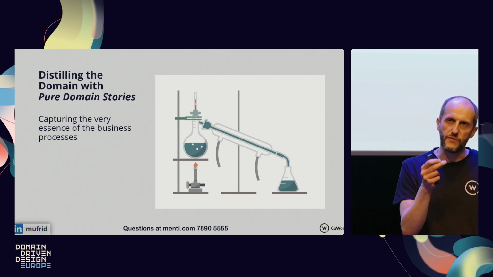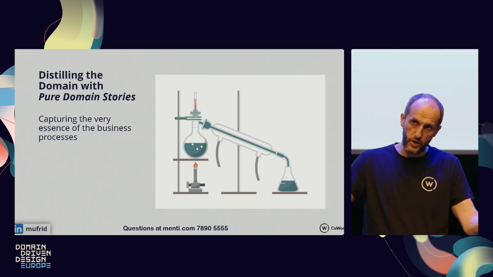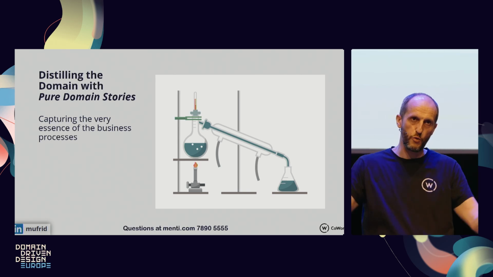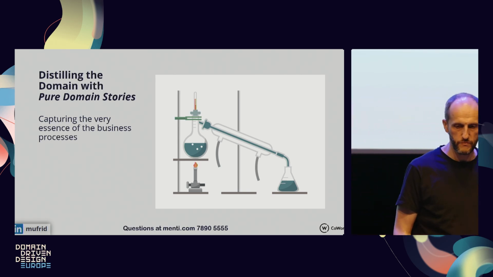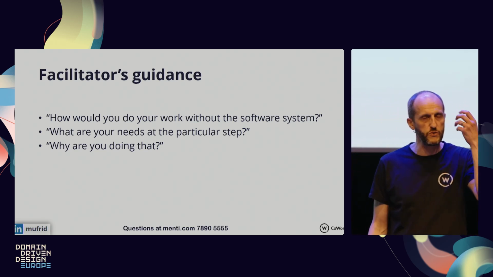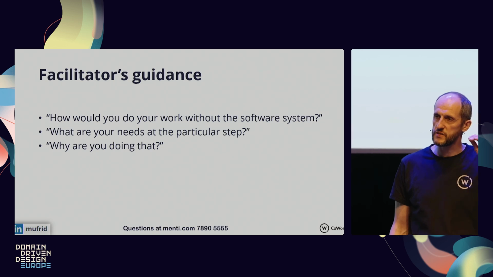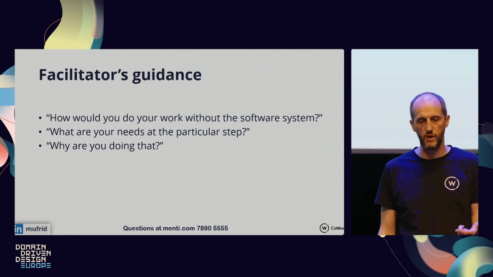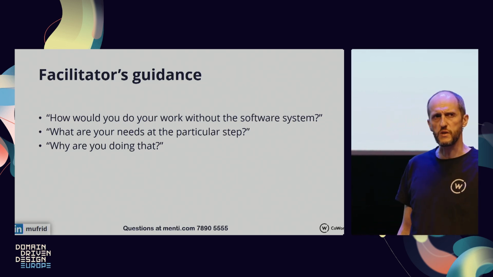How do you really understand the essence of the business? Now, this is the regular workshop, regular domain storytelling, no magic happening format-wise. However, you as a facilitator need to put extra alarms on and ask some other questions that you otherwise would not have asked. So how would you do this without the legacy system?